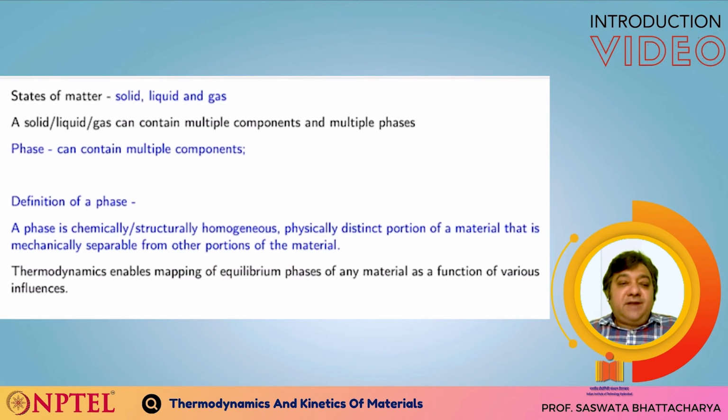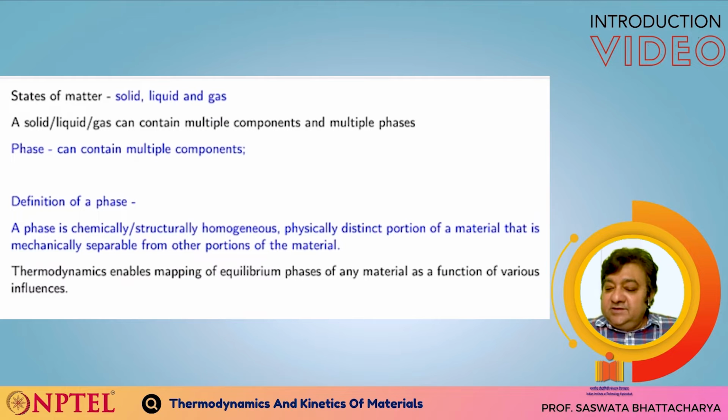So, states of matter, in general we know about states of matter like solid, liquid and gas. But there is something more than a state that comes in thermodynamics, and that is the definition of a phase. So a solid can contain multiple phases, and each phase can contain multiple components.